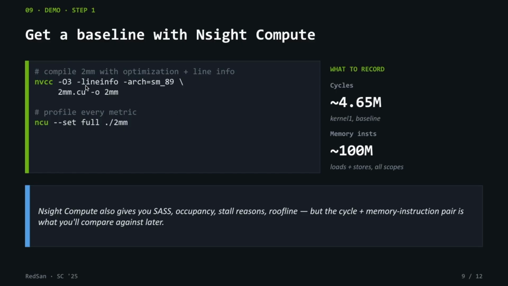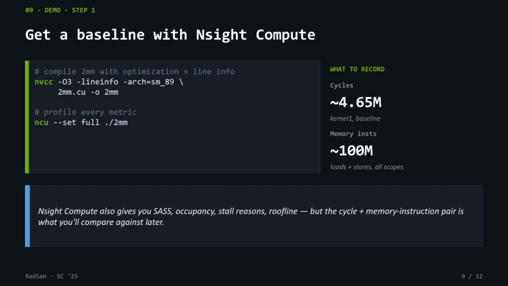And once you have got this optimized binary, you use this command ncu --set full, that tells the NCU profiler to get all the metrics you can possibly find from this binary and log them, and then you just run this binary, and during runtime it collects all these metrics.